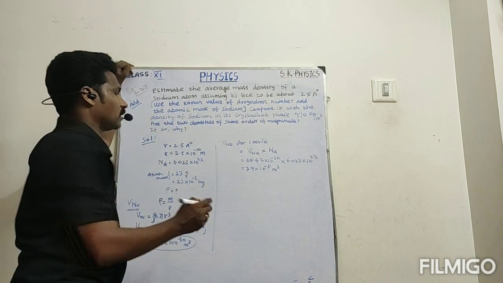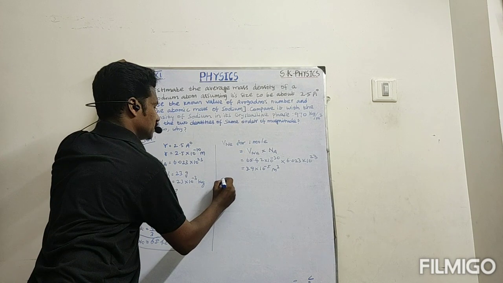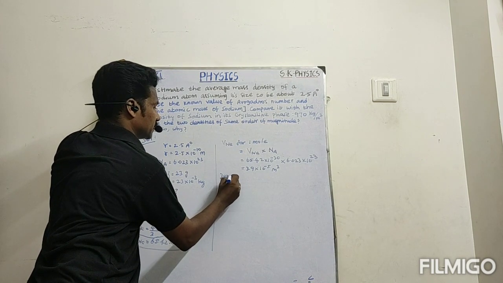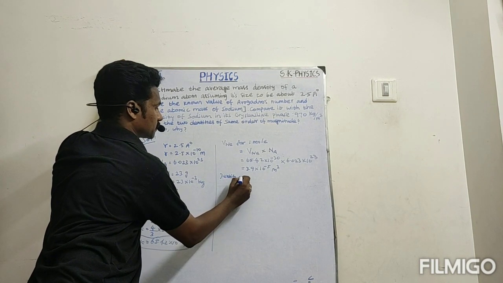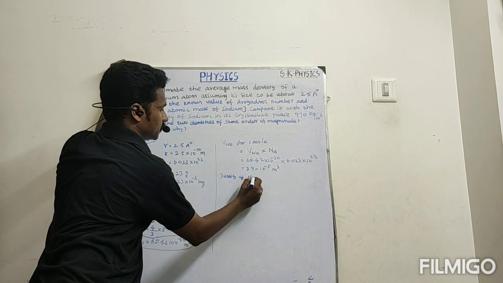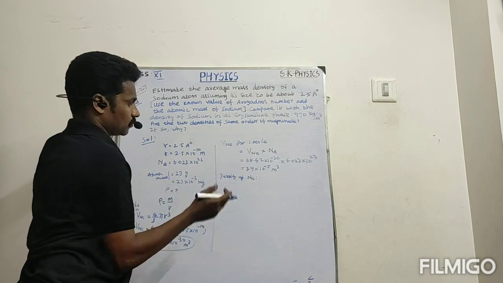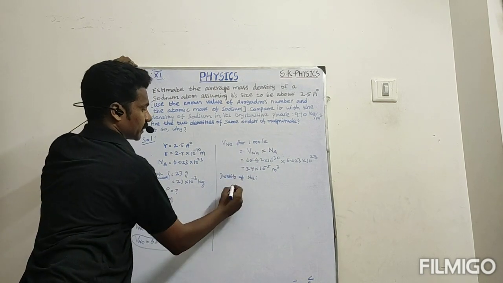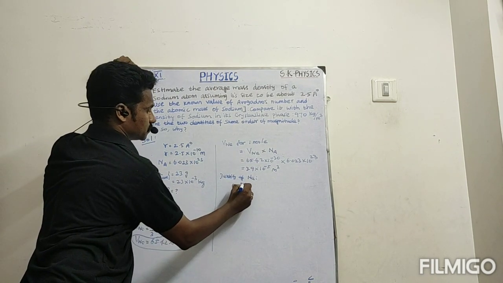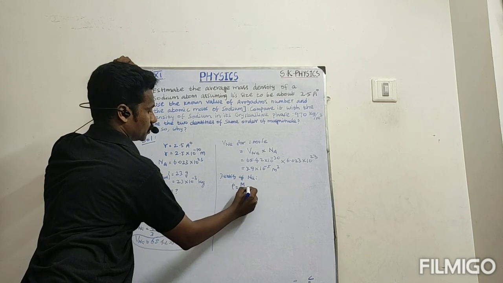Now we are going to calculate the density. So the density of the sodium atoms for 1 mole. I can write the density is equal to mass by volume.